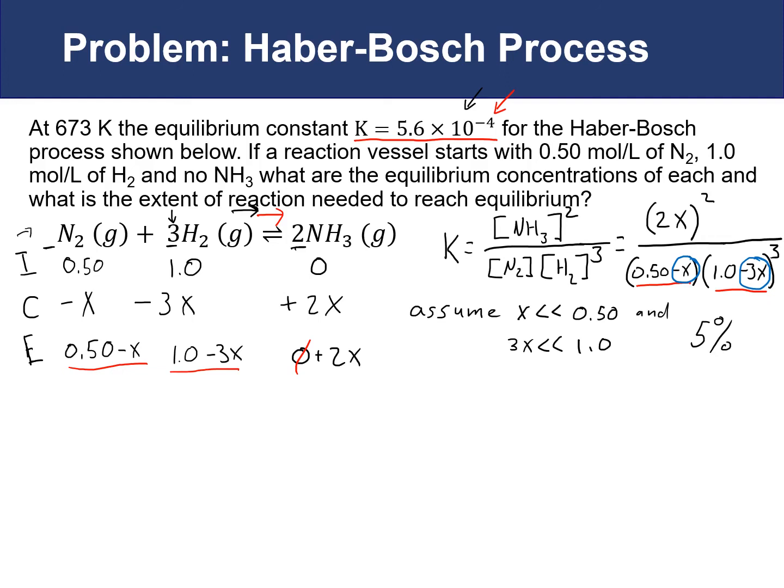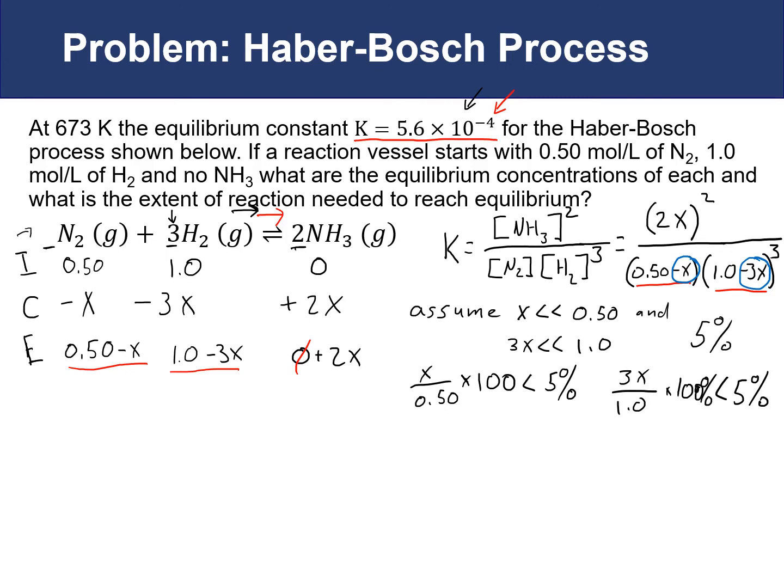So as long as x over 0.50 times 100 is less than 5%, we're okay. And as long as 3x over 1.0 times 100% is less than 5%, then we consider our assumption to be valid.